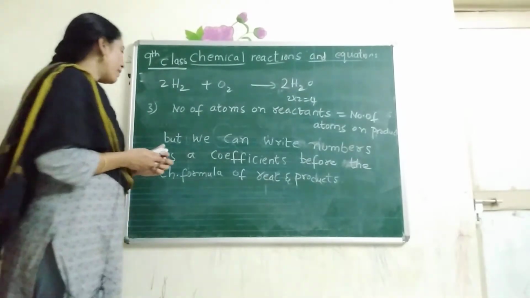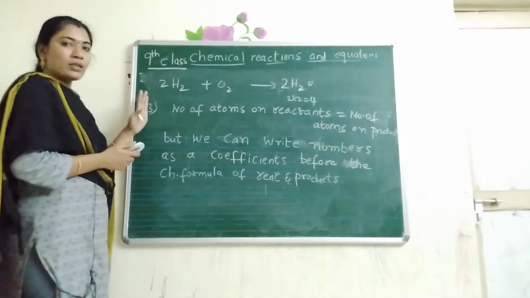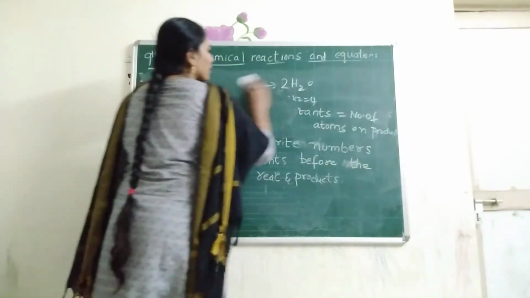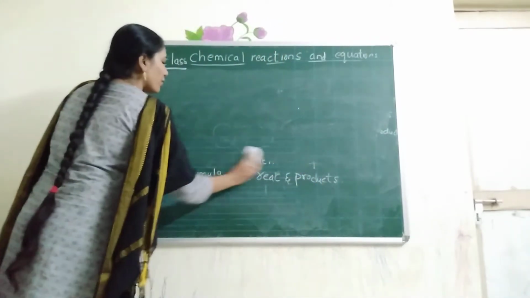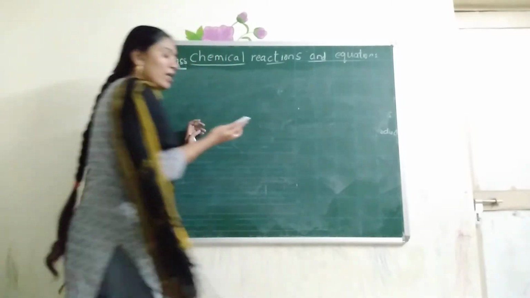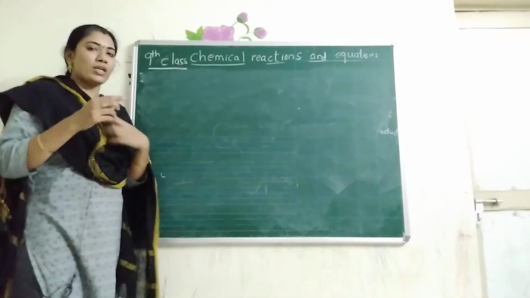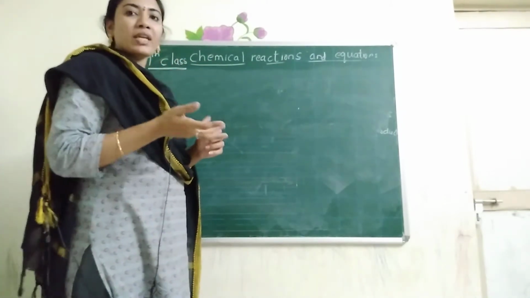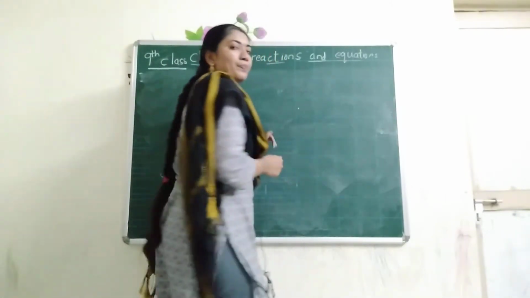Here I am telling you a simple tip. This is how we are balancing a chemical equation. Here I am telling you one tip so that you can easily balance any of the given chemical equations.